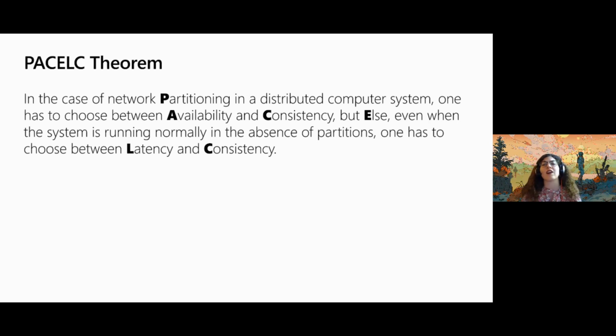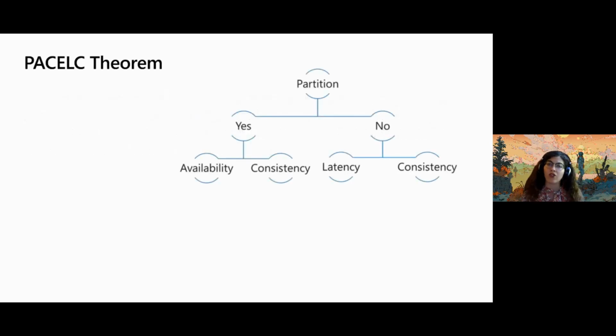This is because when we have a distributed system, the nodes might end up being in different data centers, right? So there is always a latency for the data to be replicated across regions. So if we have a partition in the network, we have to make a trade-off between availability and consistency.